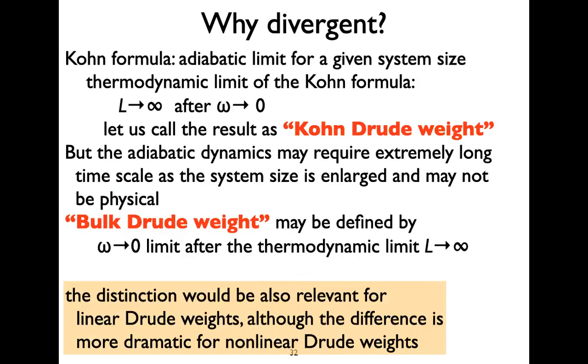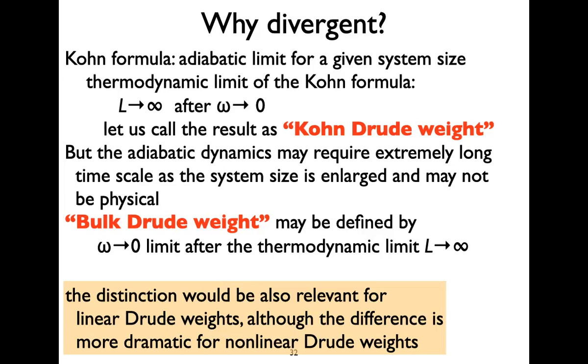So even for this very simple impurity model, the Drude weight diverges according to the Kohn formula. Our conclusion is that this is related to the order of limits. When you apply the Kohn formula, you start from a finite-size system, and you need to take a really adiabatic limit for a given system size.